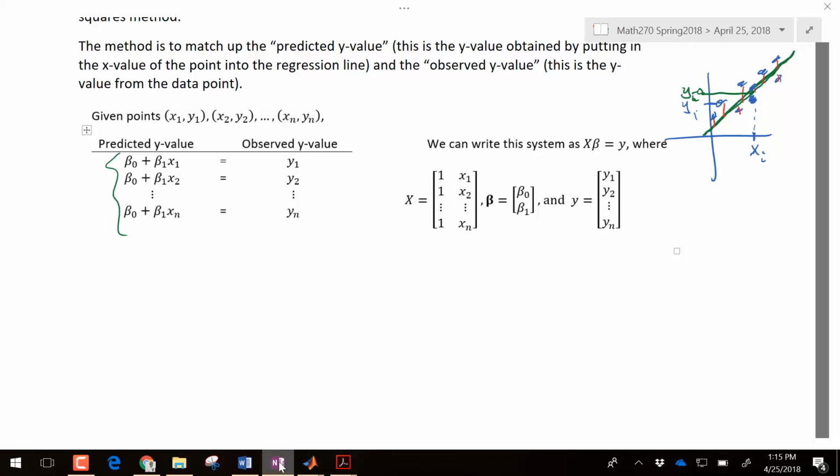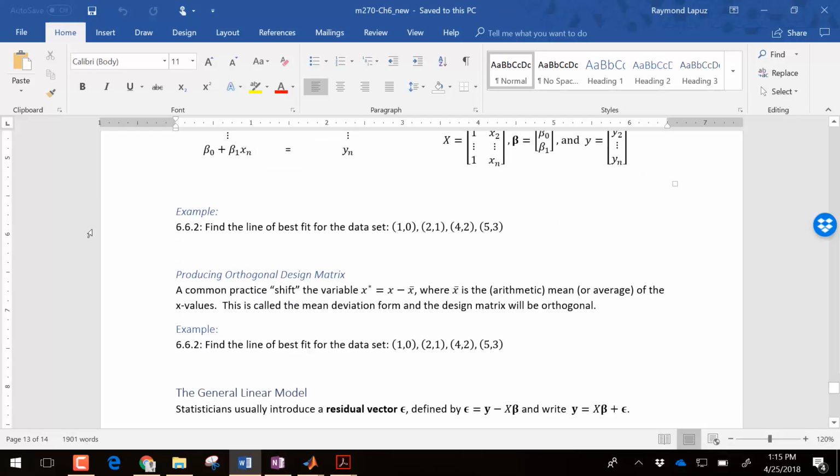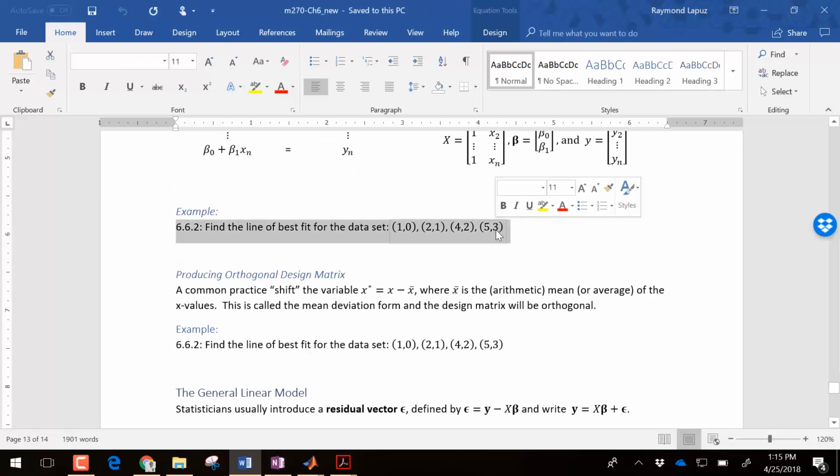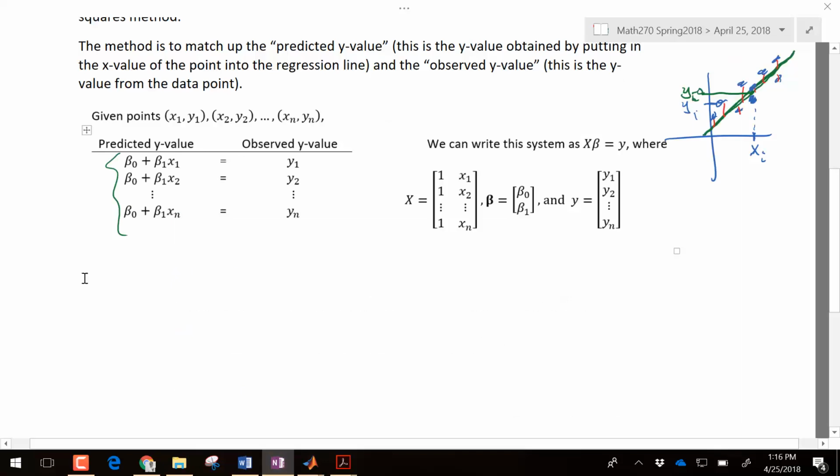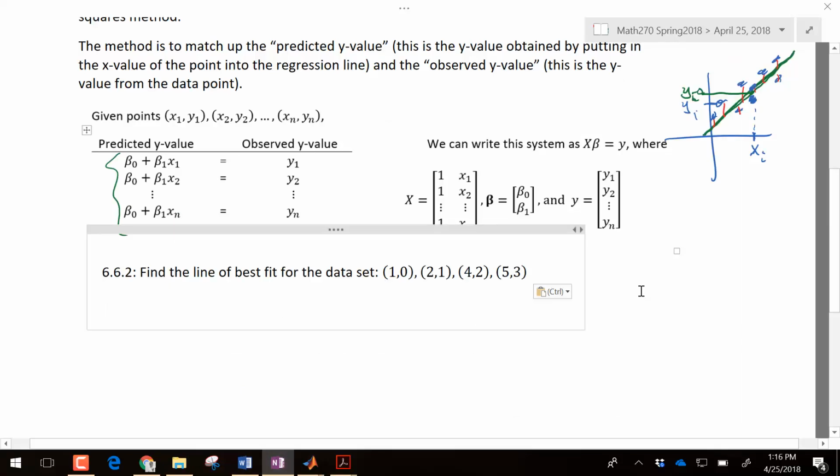So let's see. I think there's an actual problem here. Here we have a set of points. We can do a scatter plot of this and try to anticipate what the line might look like.